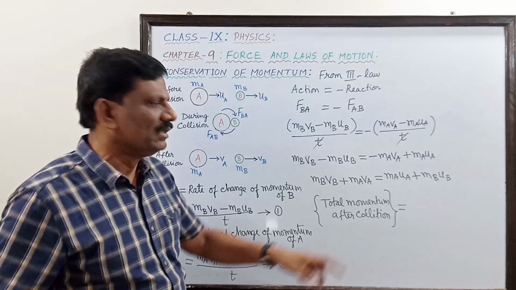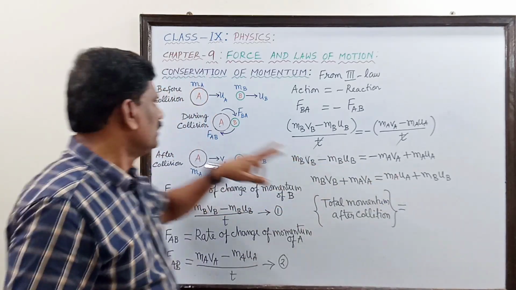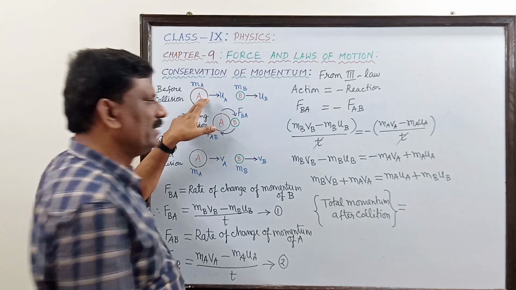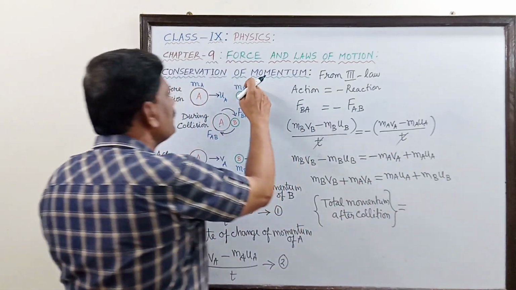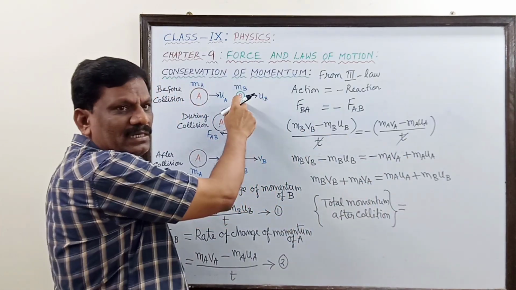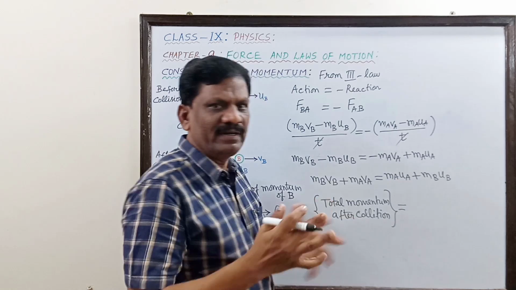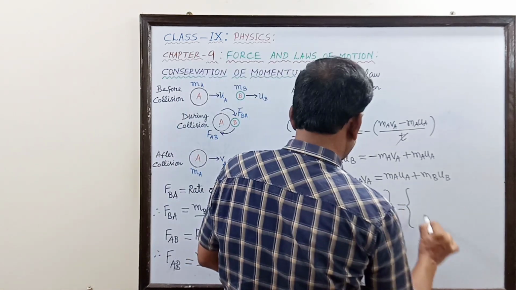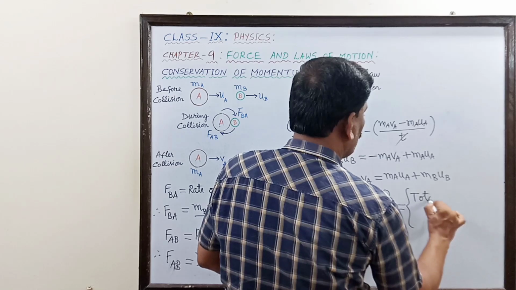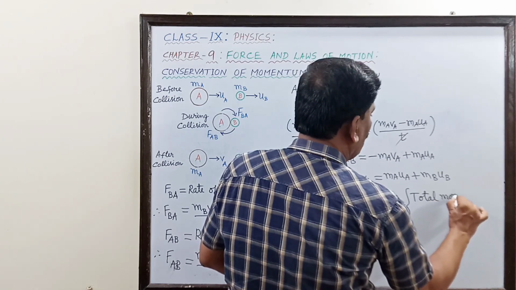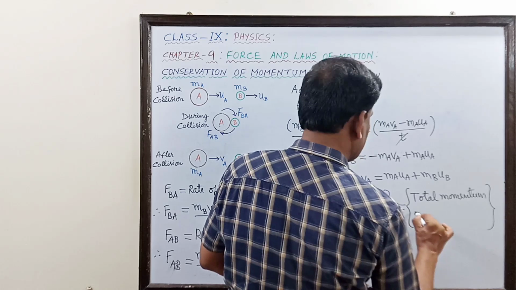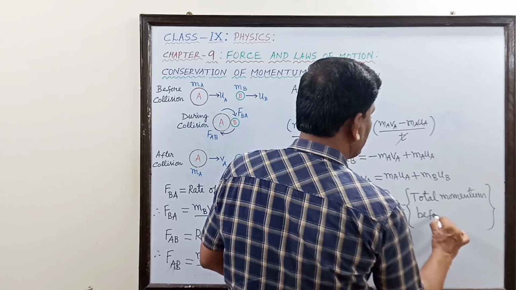Let us see now. MA into UA is the initial momentum of A and MB into UB is the initial momentum of B. So right hand side is the sum of the momentum of both the bodies before collision. So the right hand side must be equal to the total momentum of the system before collision.